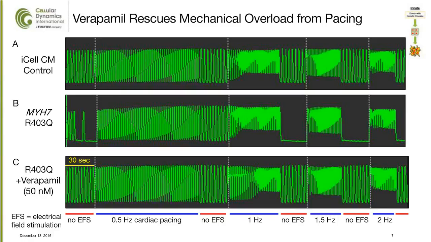We looked at the effect of verapamil, and we showed that verapamil will reverse this effect and allow the R403Q cells to begin beating again spontaneously after pacing at these high frequencies is stopped. So this is an example of a unique phenotype to these cells that can be reversed with chemical inhibition of calcium channels. One could use this possibly to look at a phenotypic screen for compounds that will have a similar effect.